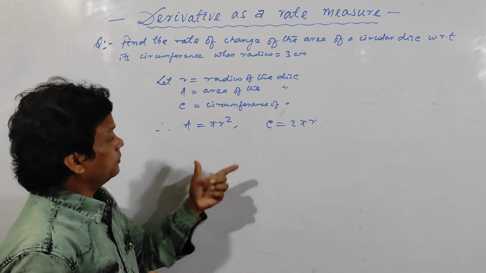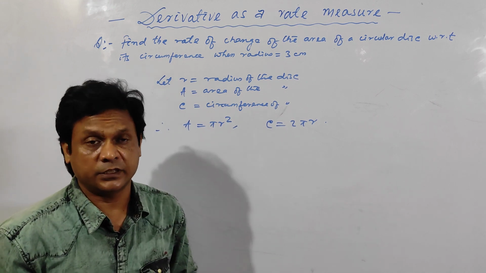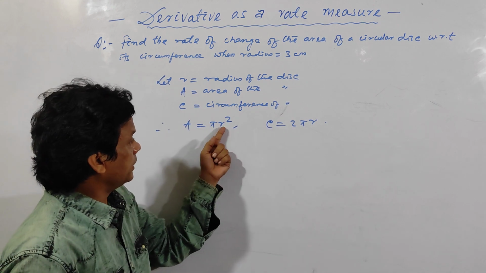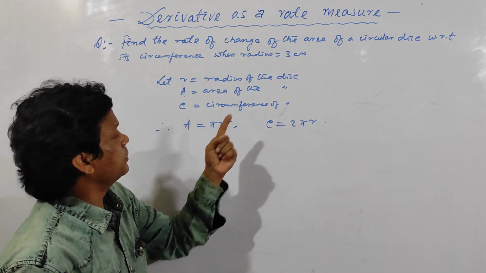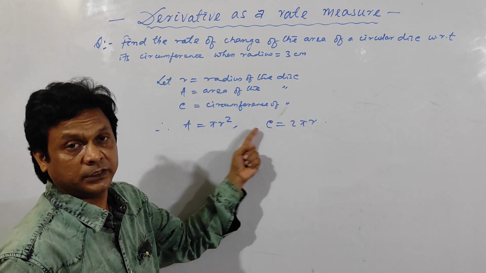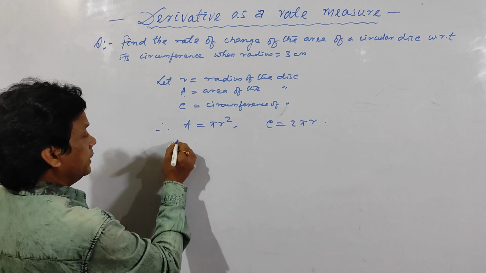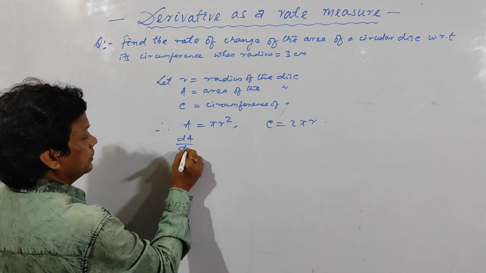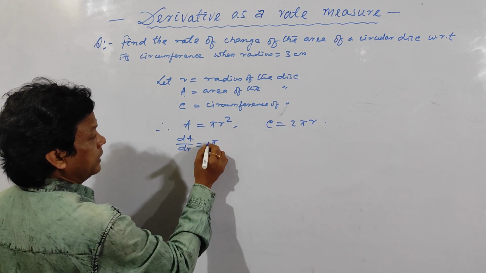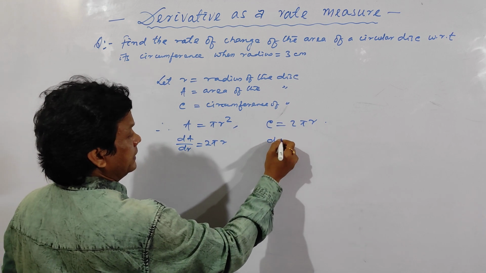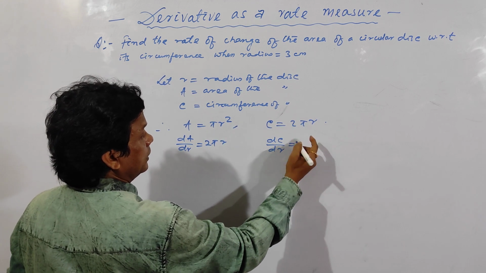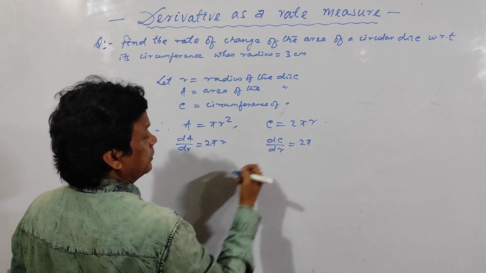And this is the form of a parametric equation. Here A depends upon R, C depends upon R. And your aim is to find out dA by dC. So find out first dA by dr. Pi into derivative of R square is 2R, and again dC by dr is equal to 2 pi, because the derivative of R is 1.